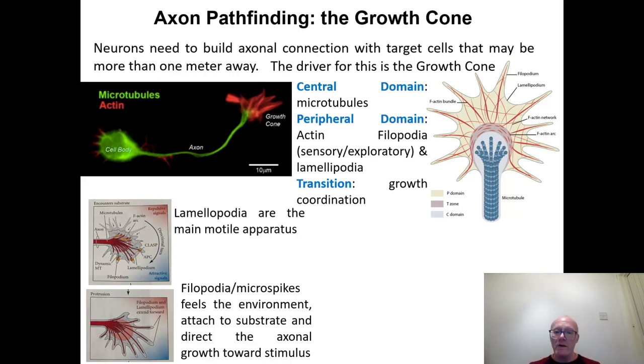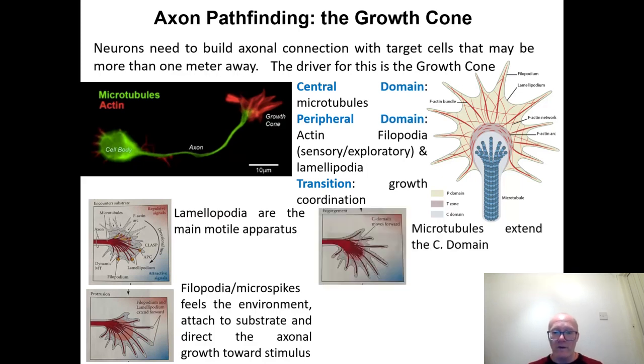So they can turn the axon toward positive, attractive stimuli, or away from negative, deleterious stimuli. So the job of the filopodia is to sense the environment and direct the growth.